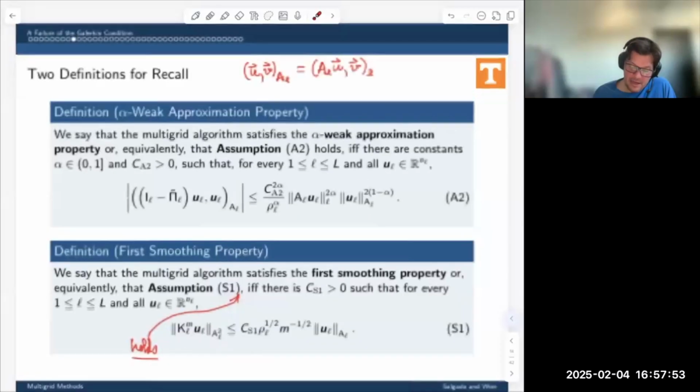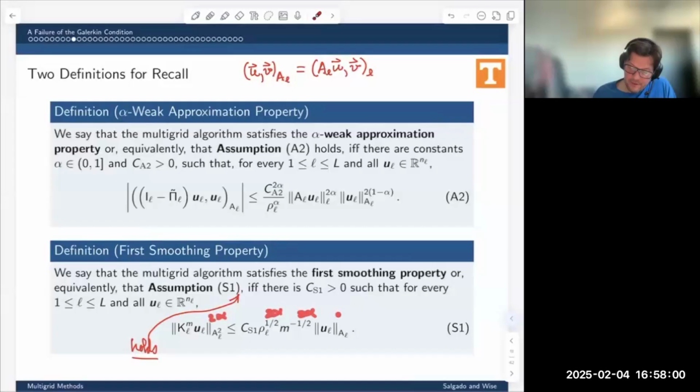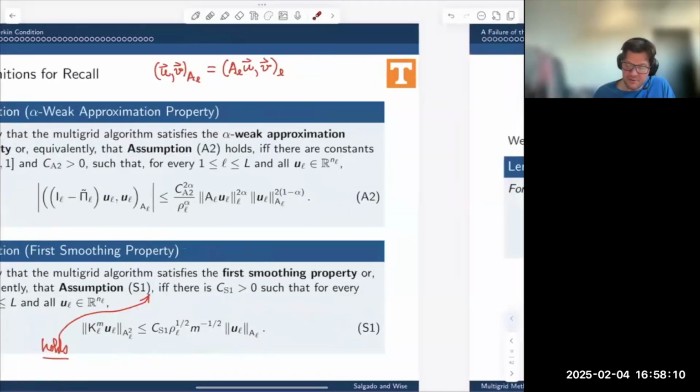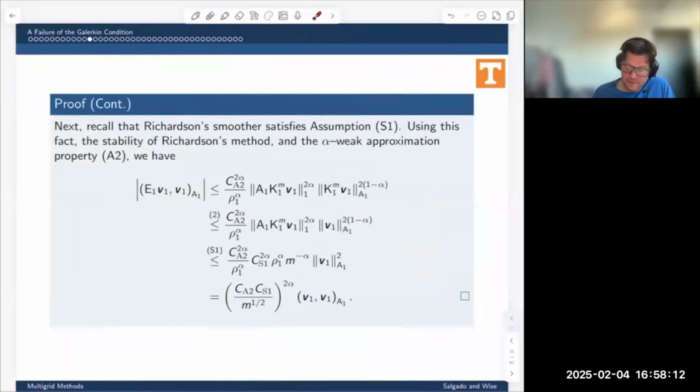So in that S1, I have to take everything to the 2 alpha power when I do that. You see there's no alpha in sight, and it's going to gain a bunch of 2 alphas. So when I do that, S1 gets raised to the 2 alpha power, rho 1 gets raised to the alpha power, and M gets raised to the minus alpha power, because I'm taking everything to the 2 alpha power.